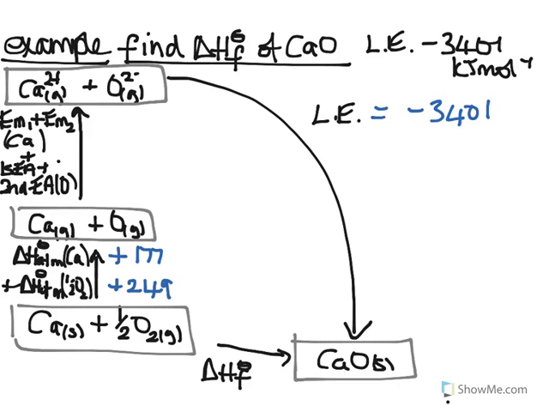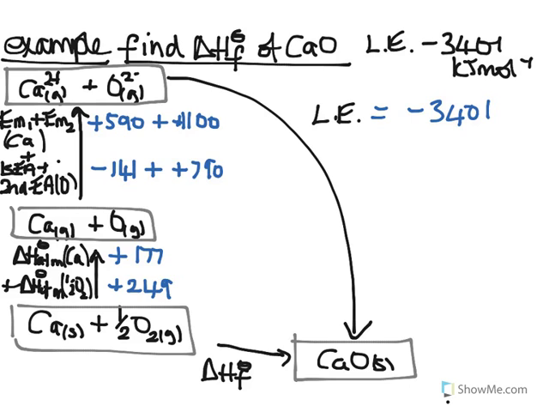Ionization energies of calcium, the first one is 590 kilojoules per mole, and the second one is 1100, and that is positive also. With the electron affinity of oxygen, the first one is minus 141 kilojoules per mole, and the second one is positive, so it's endothermic, 790 kilojoules per mole.